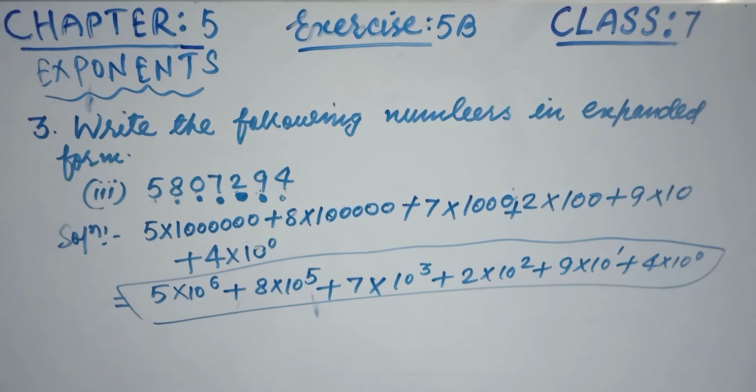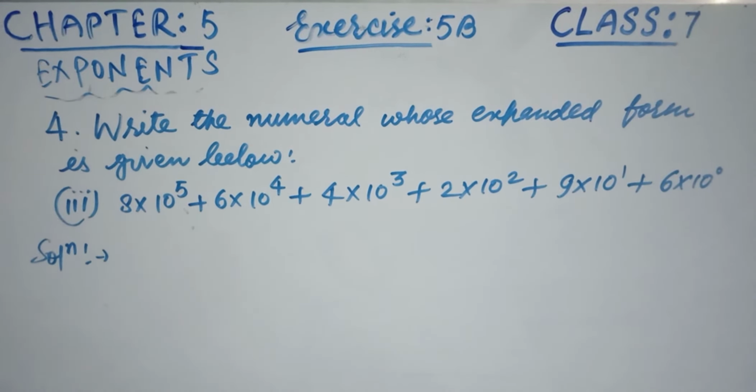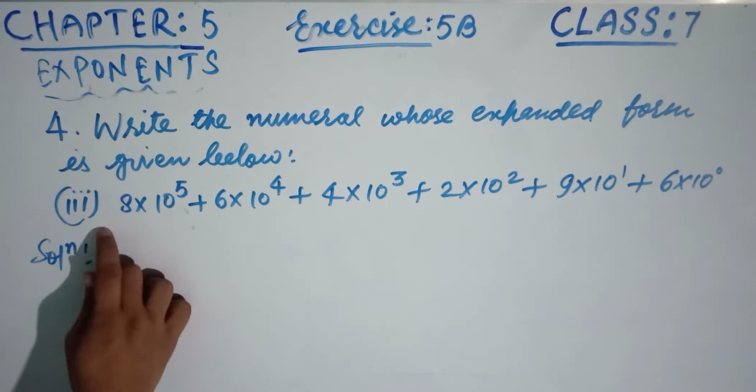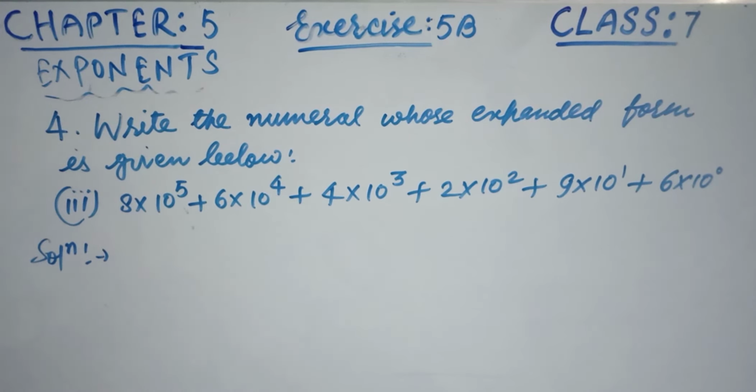Because this is a chapter of exponents, this is why we write all in power form. Now see the next question friends, the last question, number 4, and this question 4 has 3 sub questions. We have taken the third sub question of question number 4.